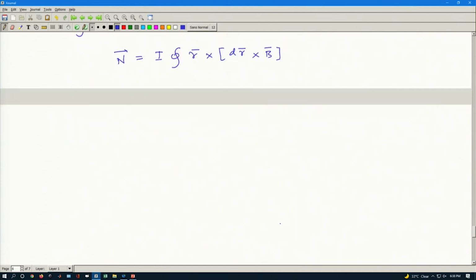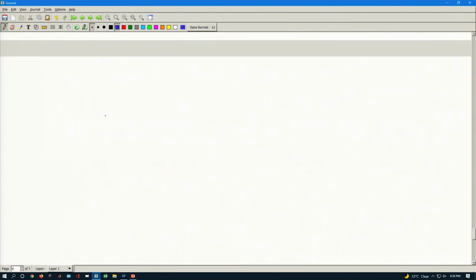Now, let us manipulate this. We know that A cross B cross C plus B cross C cross A plus C cross A cross B is 0; this is the cyclic rule.